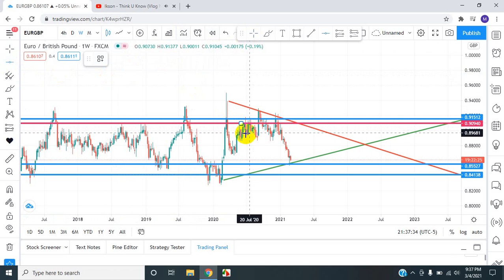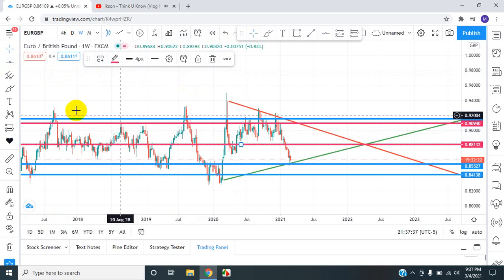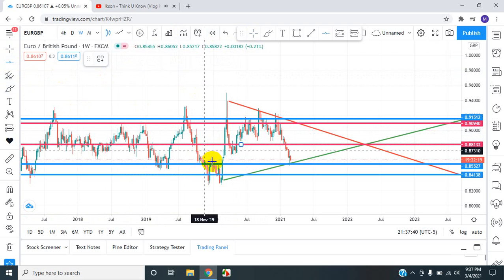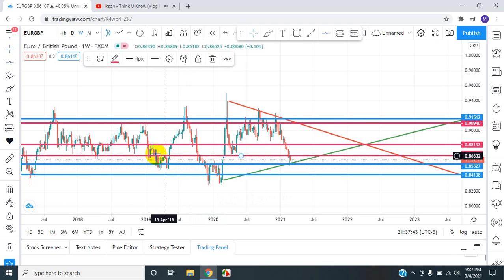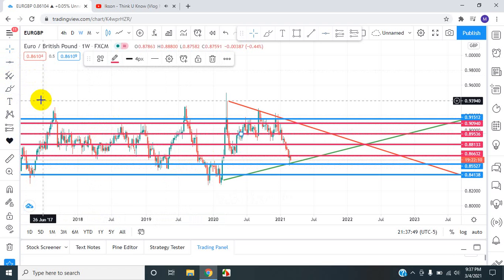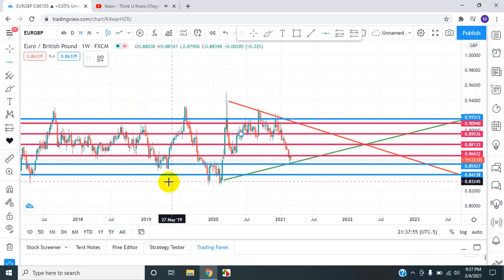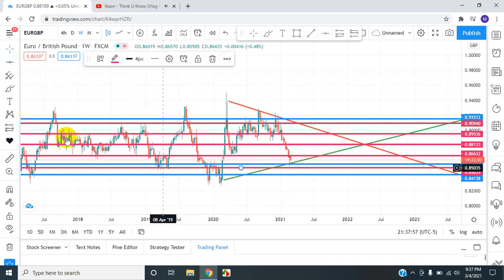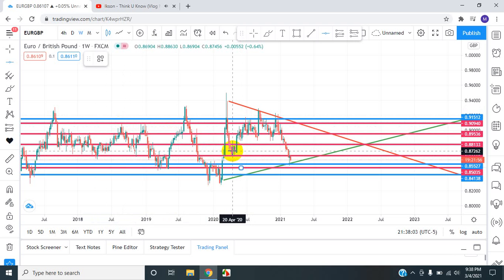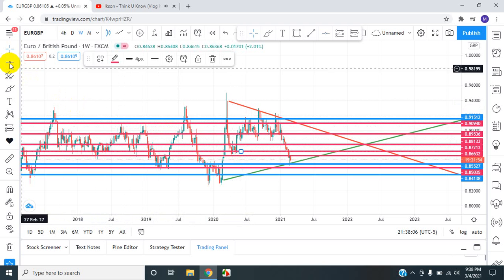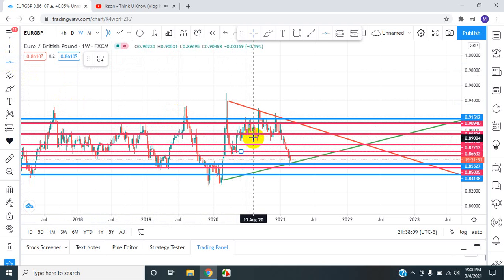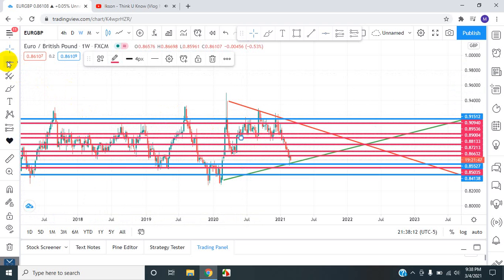So we have a peak here, there's a peak here, we have a peak here, we have a peak here, and if I go bottom up, inverted peaks here, inverted peaks here, inverted peaks here.